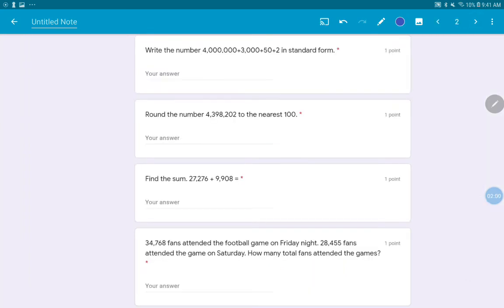Write the number 4 million plus 3,000 plus 50 plus 2 in standard form. So where am I going to start? What's the largest place value I have, Ansley? 4 million. I have millions and 4 in the millions place value. Do I have any 100,000s?